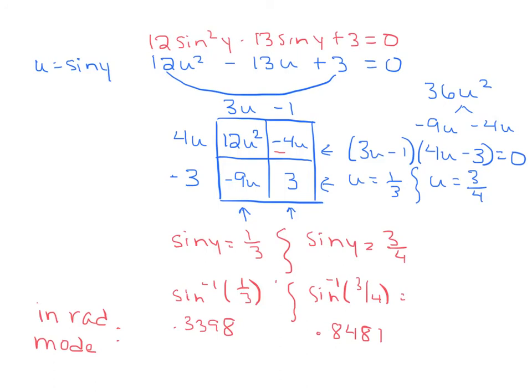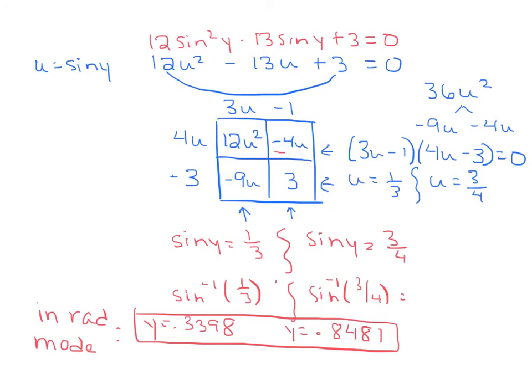Okay, so now how do we know if there are any other places where this happens? So these are definitely values for y. We're going to take a look at the graph of sine to see if we need to find any other values where the sine is at positive 1/3 or at positive 3/4.